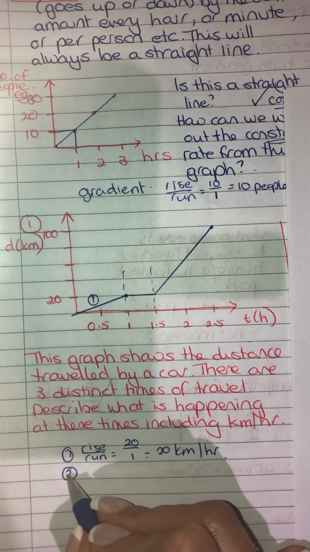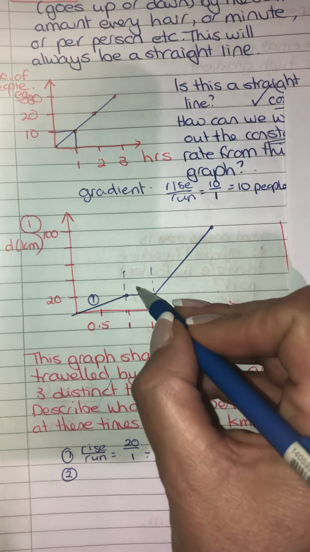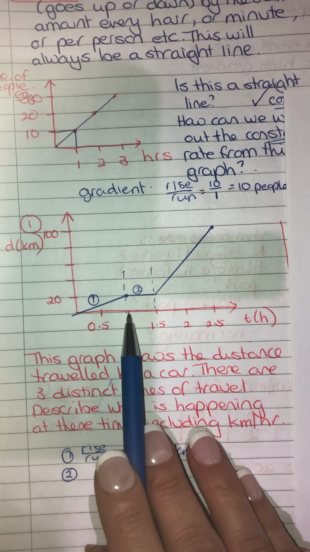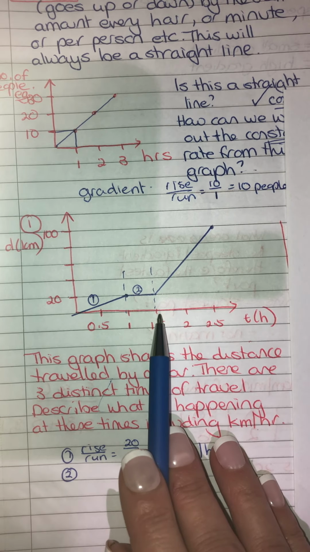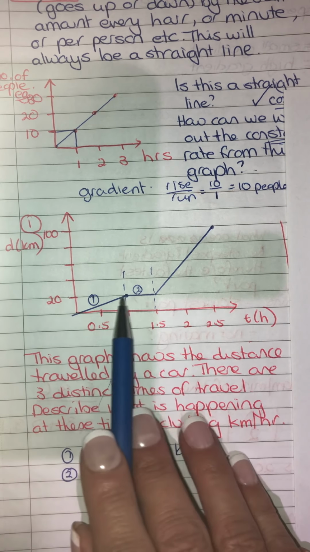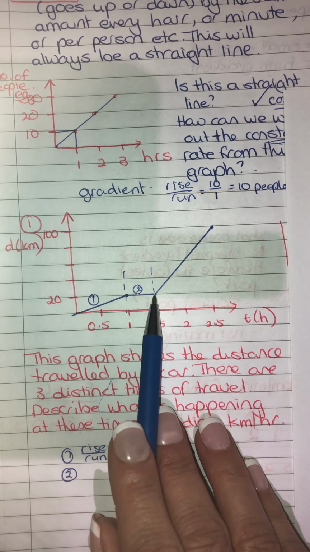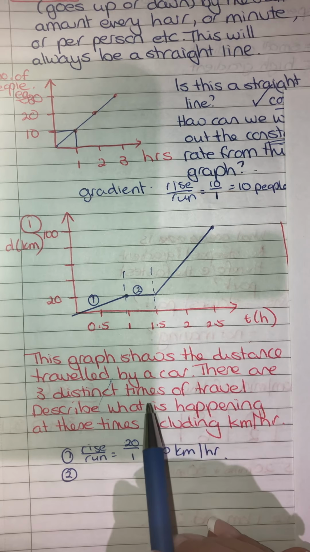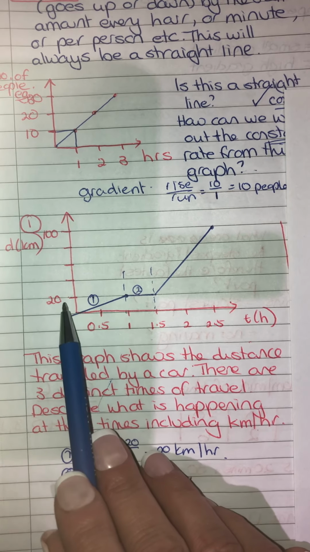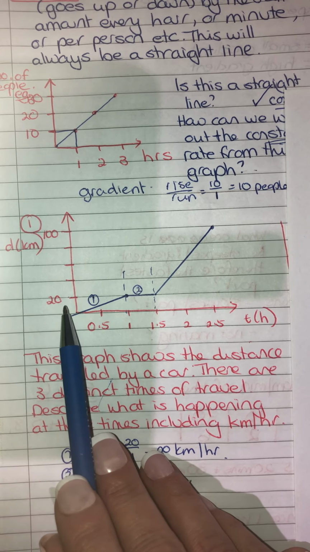Let's have a look at the next part of the graph. In this part of the graph, think about what's happening. Time is going from 1 to 1.5 hours, but the distance is 20, and after half an hour, it's still 20. So what does that mean in terms of how far you've travelled? After 1 hour, you're 20k away from home, say.